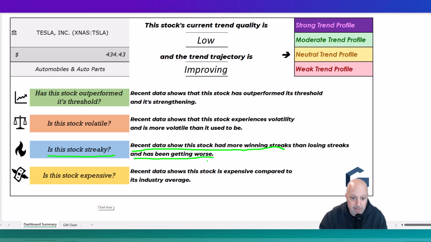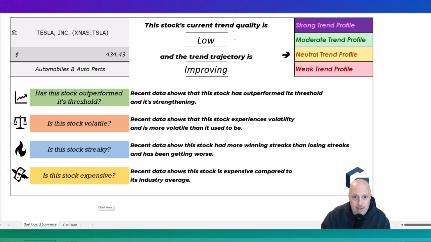So it's had more 5-day winning streaks than losing streaks, but the amount more has decreased. Is this stock expensive? What I'm doing here is comparing the price over earnings ratio average for the industry with the price over earnings ratio for Tesla. It's just a simple comparison here. And recent data shows that this stock is expensive compared to its industry average.